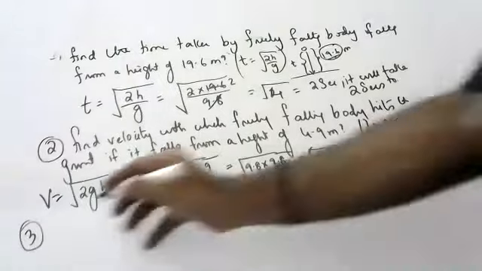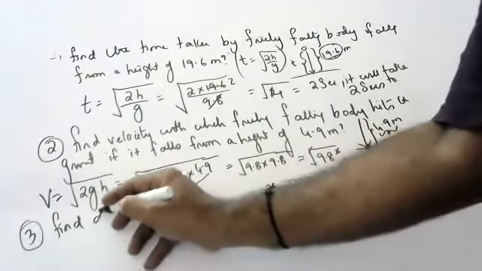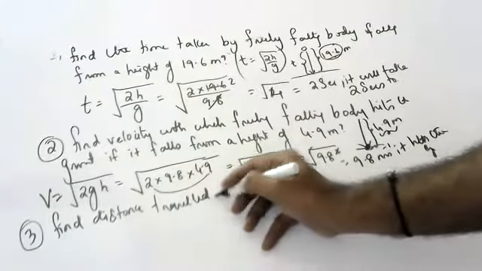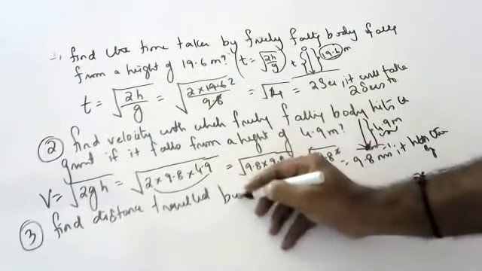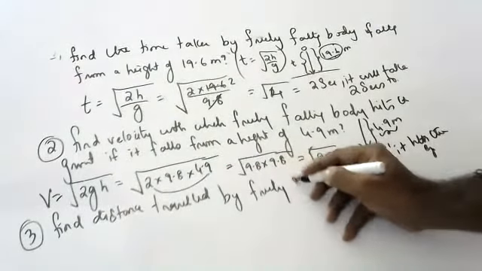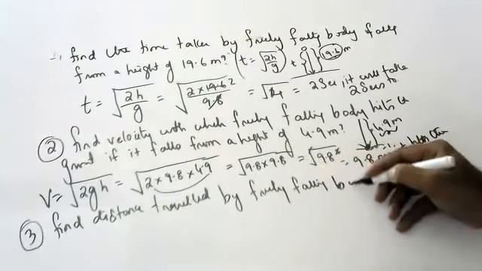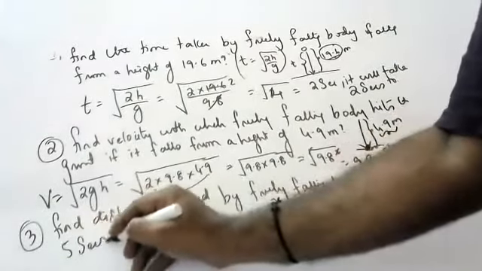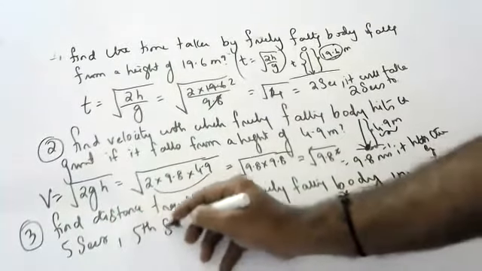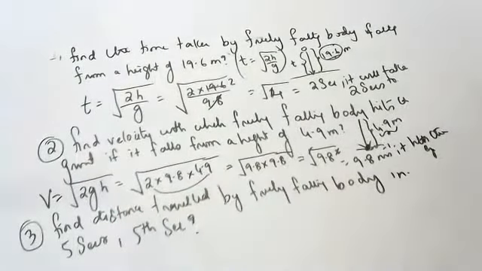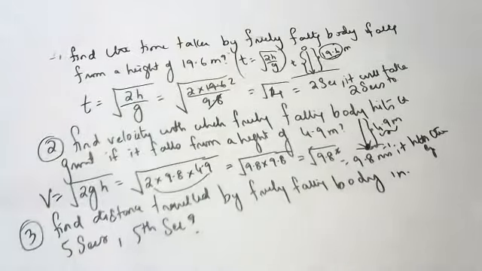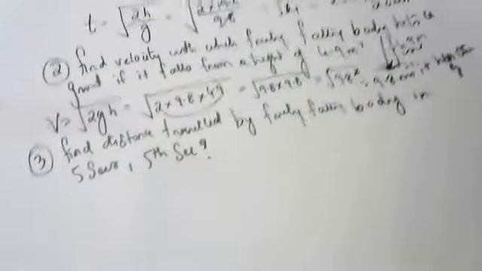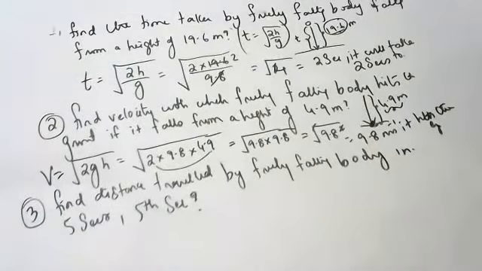Third one. Find the distance traveled by a freely falling body in 5 seconds, and in the fifth second.